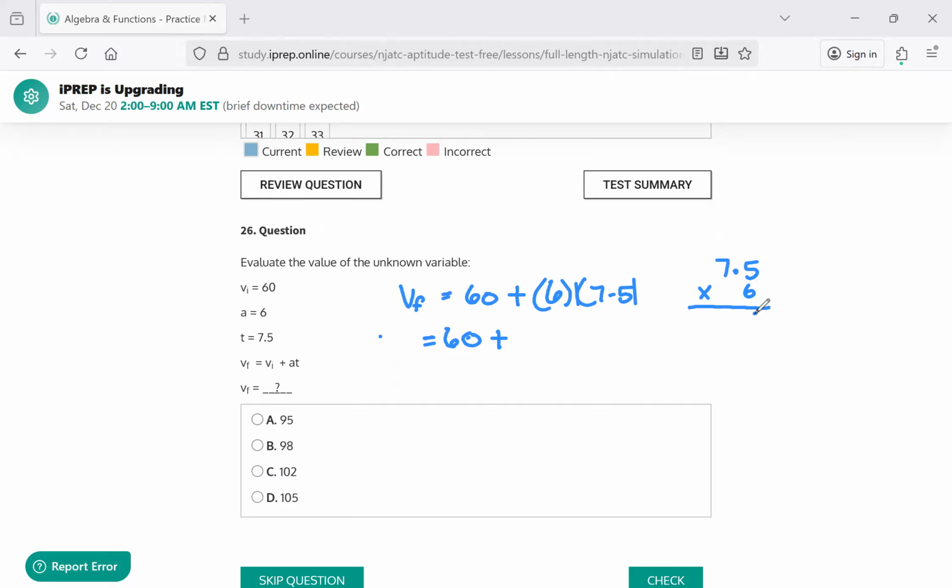So 6 times 5 is 30. Carry the 3. 7 times 6 is 42. 43, 44, 45. How many decimals? That's 1, so that's 4.5. And then you could do this on a scratch piece of paper. 60 plus 45 is 105. Okay, that would be letter D.